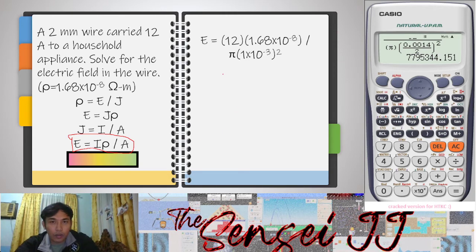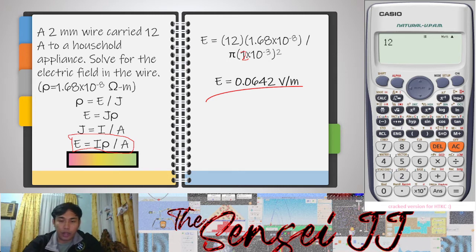So we have our values: 12 times 1.68 times 10 raised to negative 8, all over pi times 2 times 10 raised to negative 3, squared. Let's solve for this: 12 amperes, 1.68 times 10 raised to negative 8, all over pi, and 2 times 10 raised to negative 3.